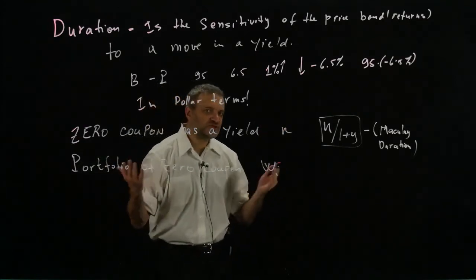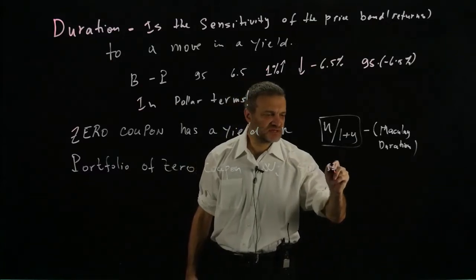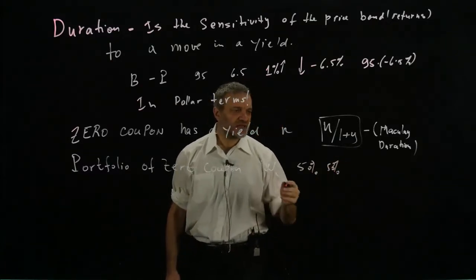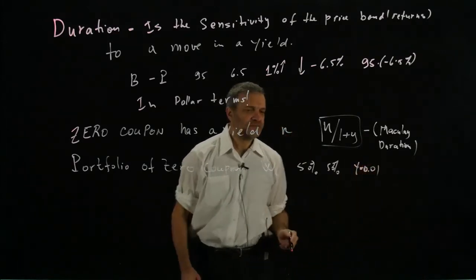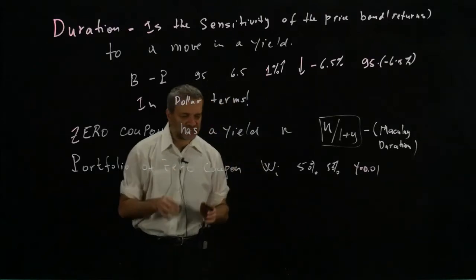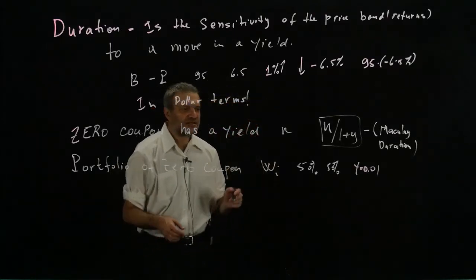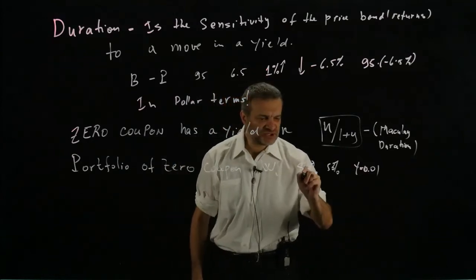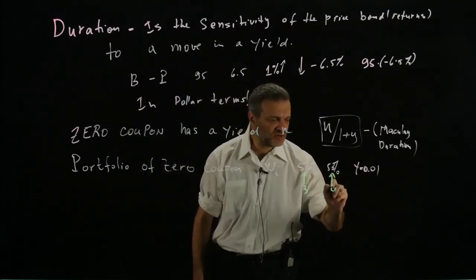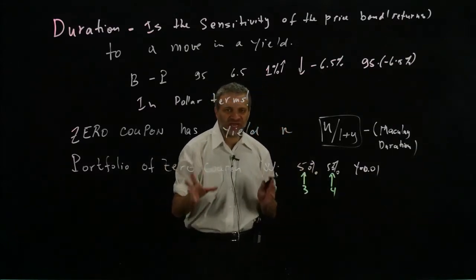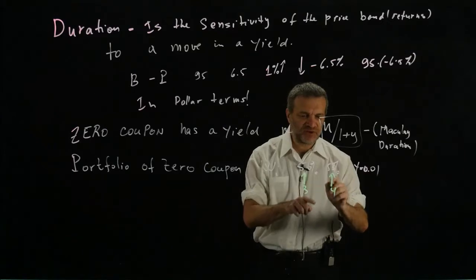Say you have two bonds, 50% in one and 50% in the other, and say the yield is 0.01. Then if the maturity of one is 3 and the maturity of the other is 4, the duration is going to be very close to 3.5.